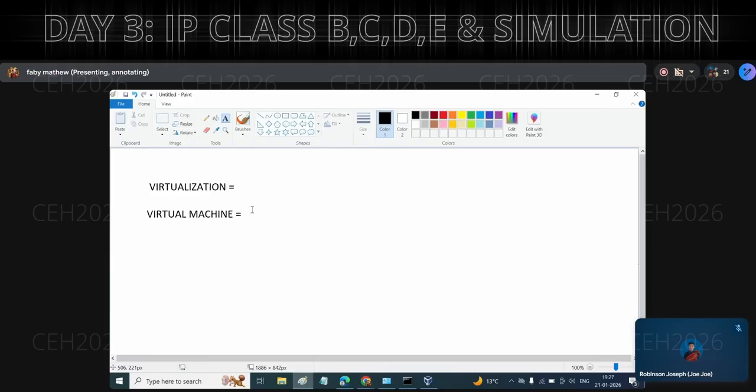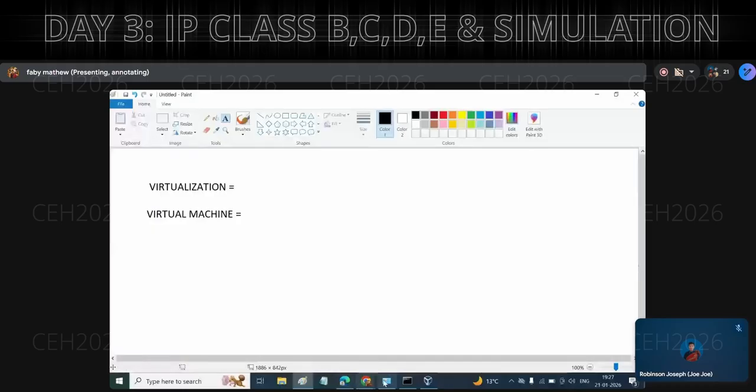Listen carefully, it has its own operating system, its own RAM, processor, hard disk, its own networking, its own security, but it is not physically available. It is a logical machine. We cannot see that machine or touch it, but we can use it.